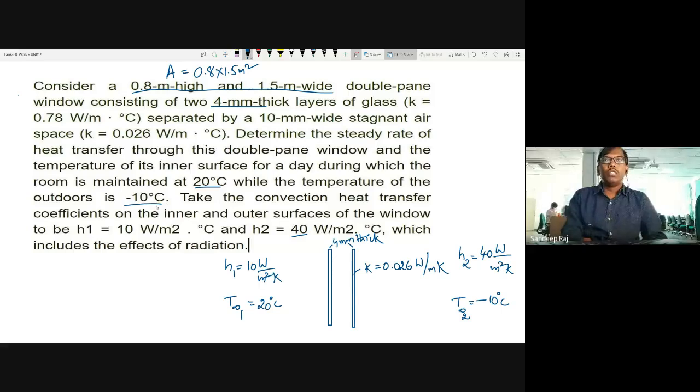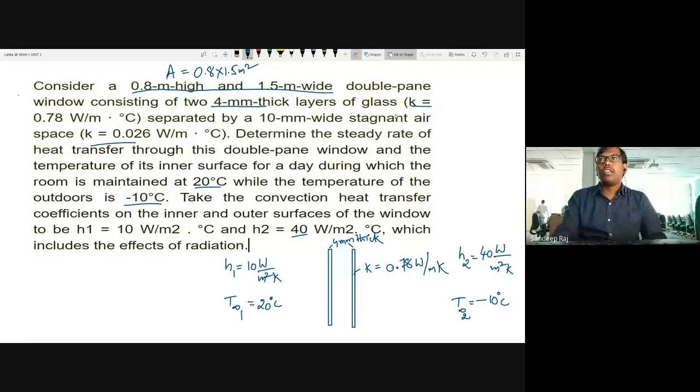So you're done with this. See here, this is not the K. The K value of this is given as 0.78.